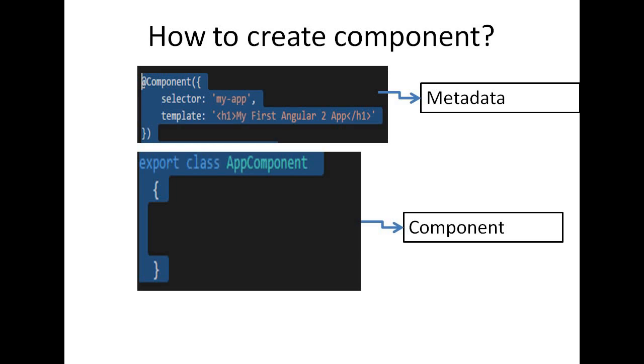In TypeScript we have a class, a component, for example AppComponent, and it's attached to metadata. The metadata says that this is a component by using the decorator Component. So the Component decorator on that class tells that it's a component. We will discuss in the next tutorial how to create the component inside the application.